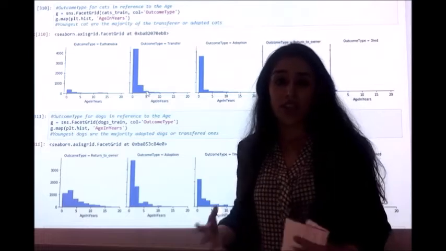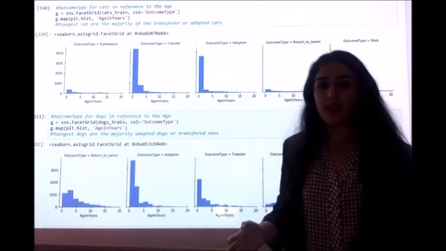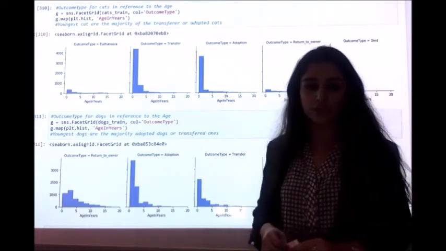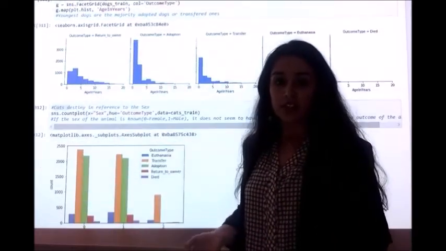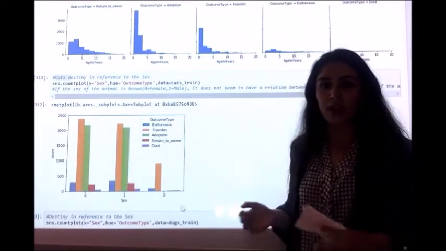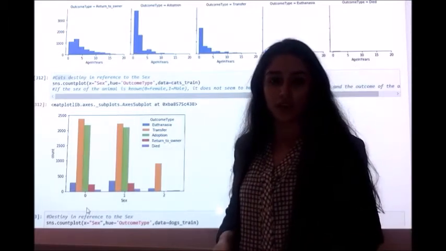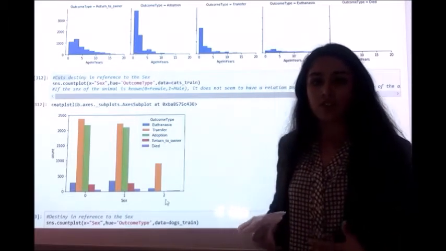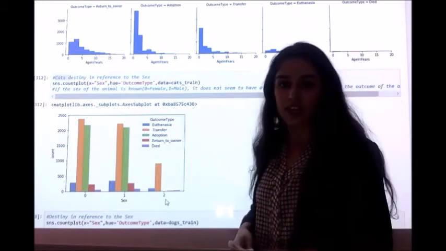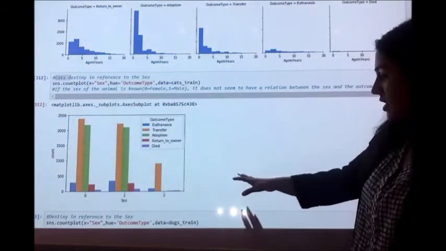The variable age in years seems to play a big role in their outcomes. For cats and dogs, whether the sex is a known male or female doesn't seem to impact their outcomes. However, there have not been animals where the sex was unknown who were adopted.